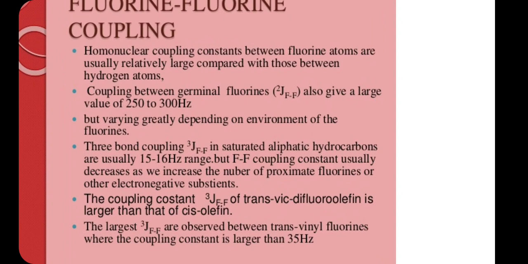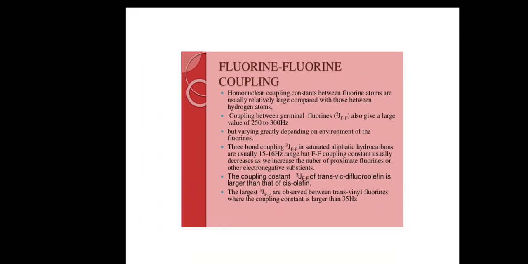But the F-F coupling constant usually decreases as we increase the number of proximate fluorines or other electronegative substituents. The coupling constant 3J of a trans difluoroolefin is larger than that of a cis olefin. The largest 3J values are observed between trans vinyl chlorides, where the coupling constant is larger than 35 Hertz.